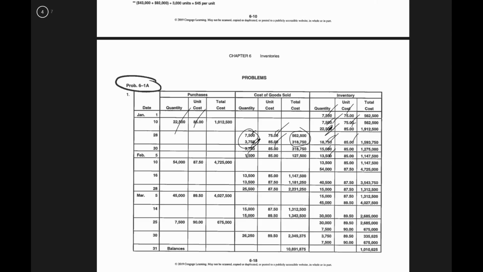Again, out of that 15,000 leaves you with 13.5. Then on the 10th, they purchased 54,000 at 87.50. All we do is create a layer. We bring that 13.5 down. Here's our new layer. That's our total. So that's how the FIFO, first in, first out cycle works.